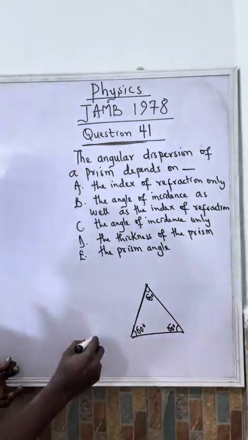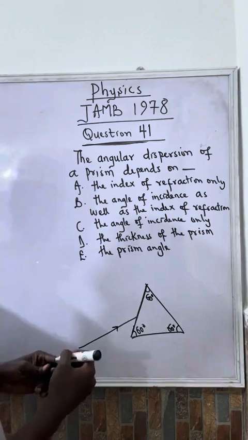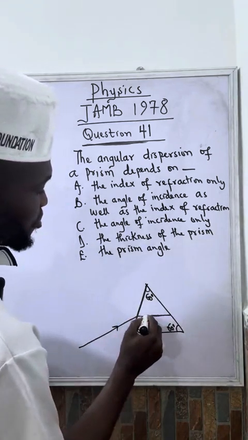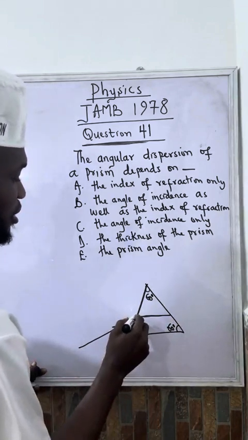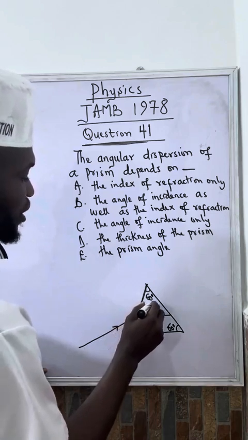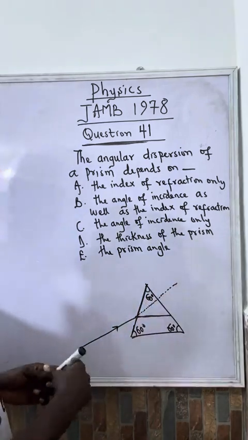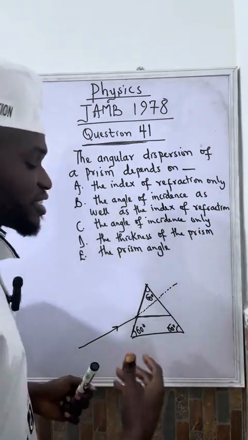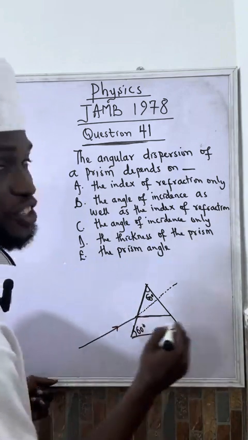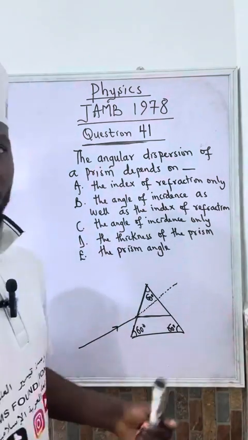Now, when light is incident on the triangular prism, it will be refracted through the prism. Normally, the incident ray is supposed to continue in a straight line like this. But because of refraction, due to the refractive index of the glass, there is a deviation. The refracted ray is bent towards the normal.